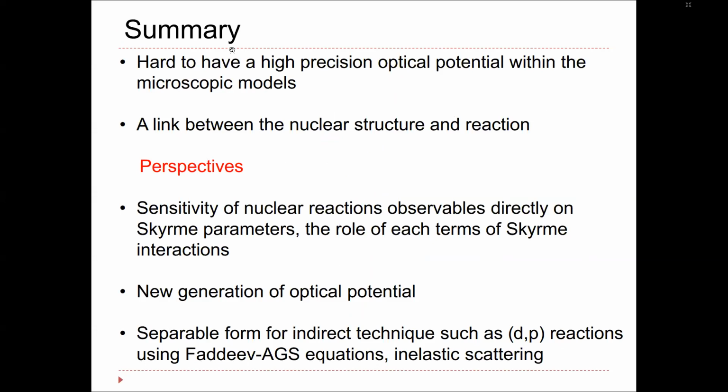And finally, as I go to the summary, yes, after some time studying the microscopic optical potential, from my thinking, I can say that I convinced myself that it's too hard to have a high precision optical potential within the microscopic optical model. The only advantage of the approach is a natural link between nuclear structure and reaction observables. For example, I don't need to do any extrapolation to describe the negative energy region.